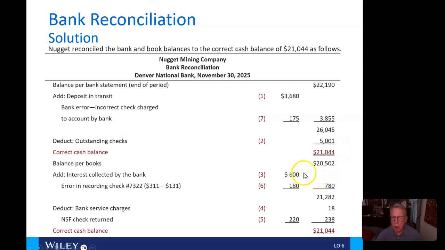For the balance per the book, we'll do a journal entry for collecting this interest from the bank. The company made a mistake, so we need to adjust for that. And then bank service charges and an NSF charge. We need to make journal entries for entries 3, 6, 4, and 5 there.